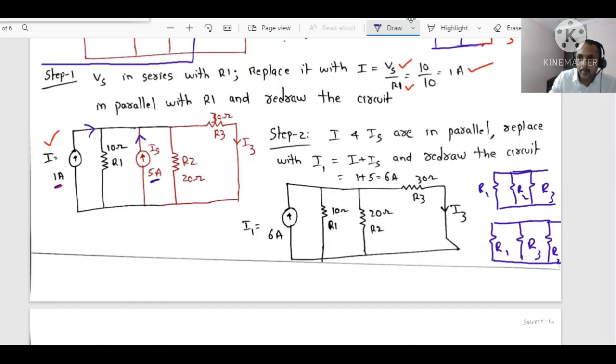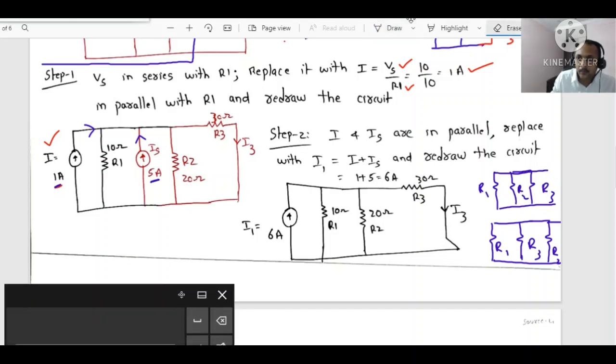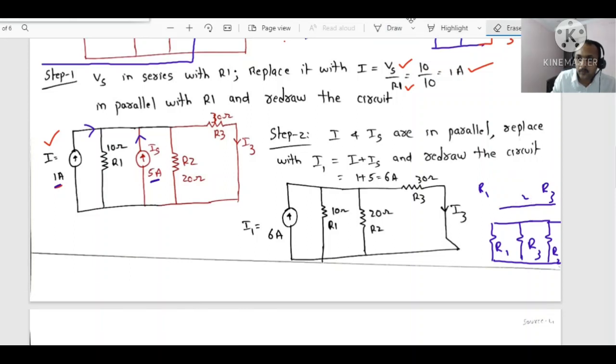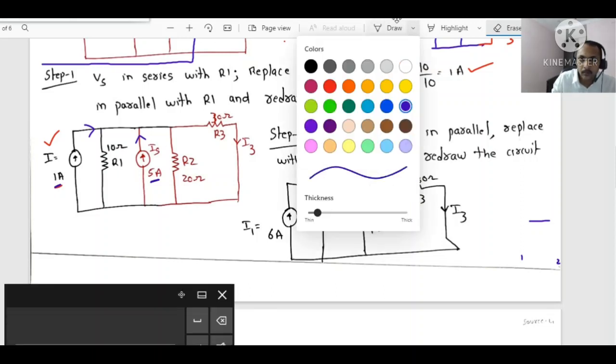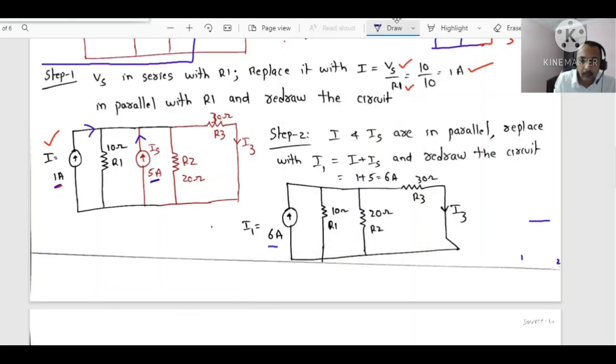Now these two are in parallel. You just add up those values. How much will you get? The two arrowheads are in the same direction, so 5 plus 1, 6 amps, in parallel with R1 and R2.